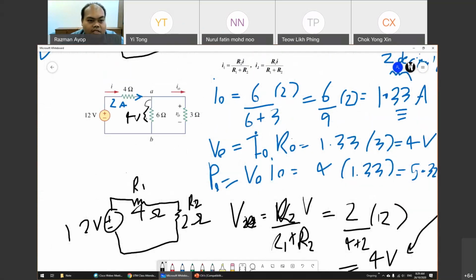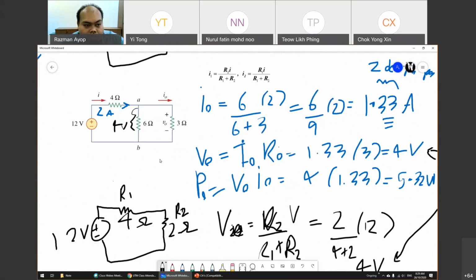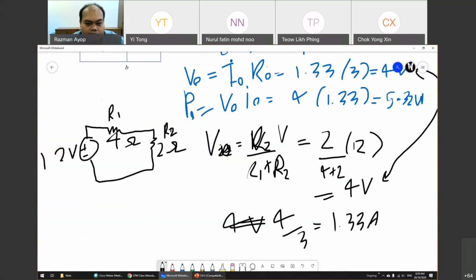Because the voltage is 4 volt here, it is also 4 volt there. So you get the current and you get the power. This is how you use the Kirchhoff Voltage Law or Kirchhoff Current Law. Both get the same answer.